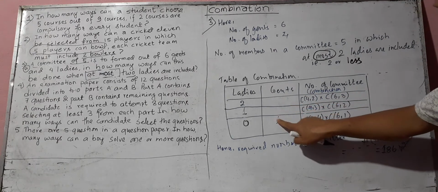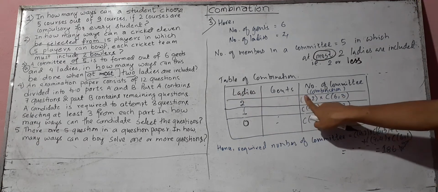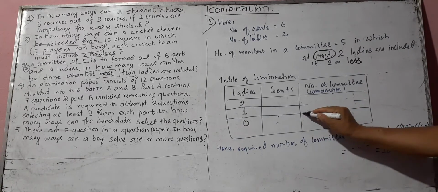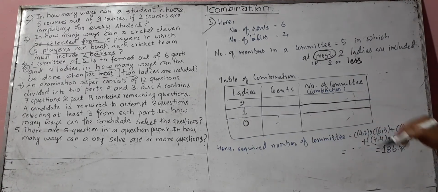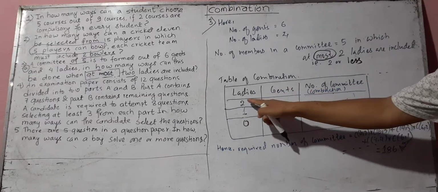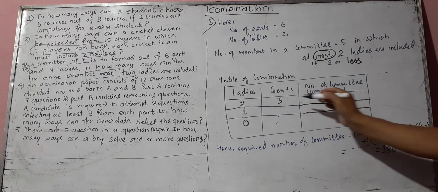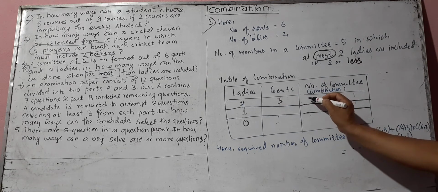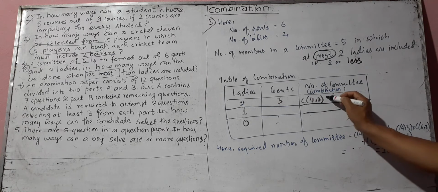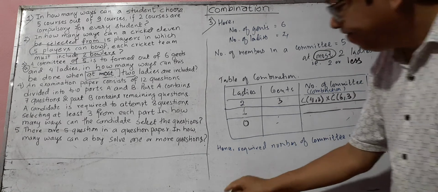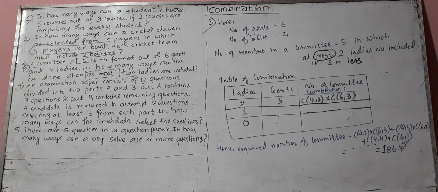Look here. If the committee consists of 2 ladies, then there must be 3 gents. The combination of these ladies and gents is C4,2 times C6,3.